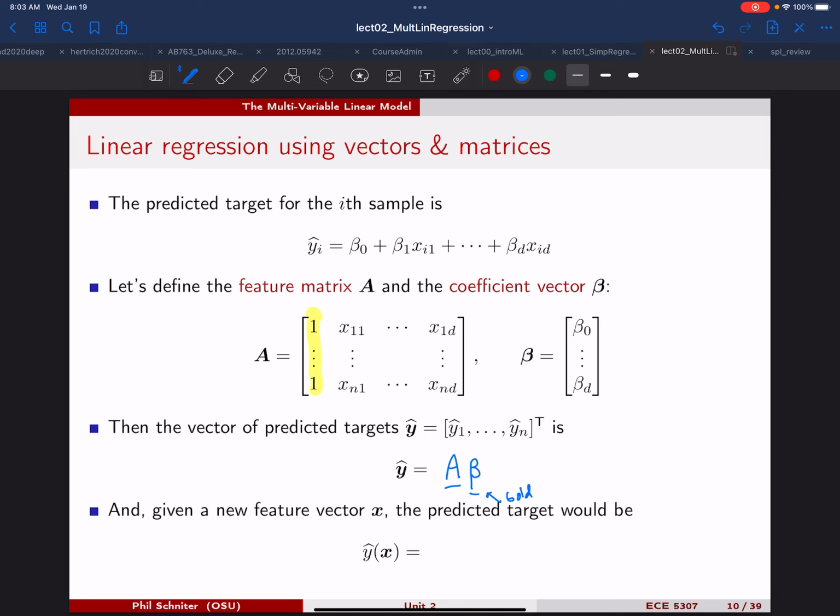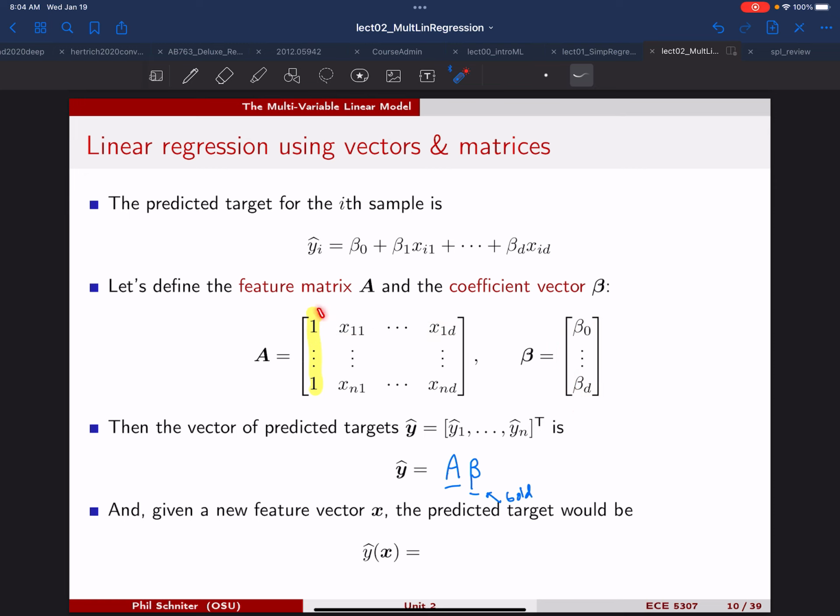Okay, so let's look at this relationship here. If you look at the very first element in y hat, that's going to be y hat 1. That should be the very first element in this vector. To get the first element in that vector, I'm going to take this row and multiply it times this column.